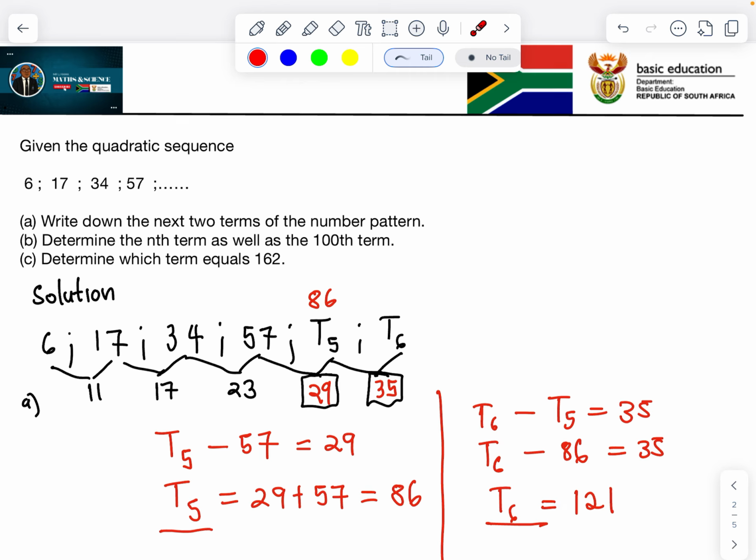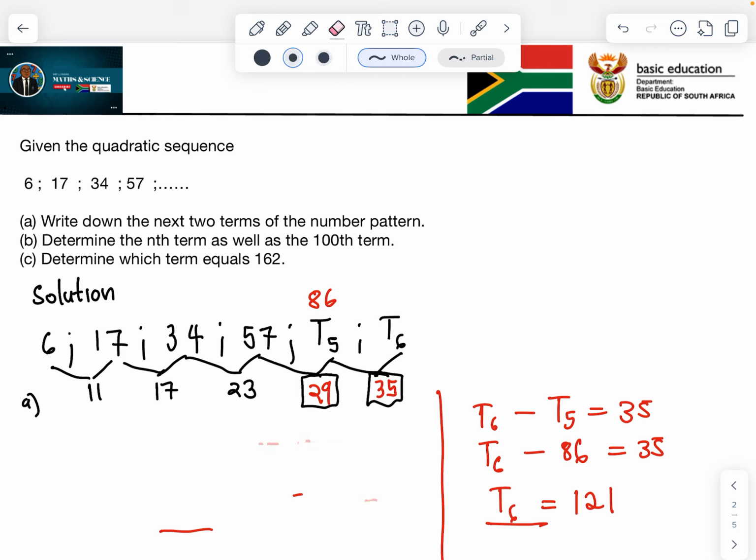So now moving on to B. We know that T6 is 121.